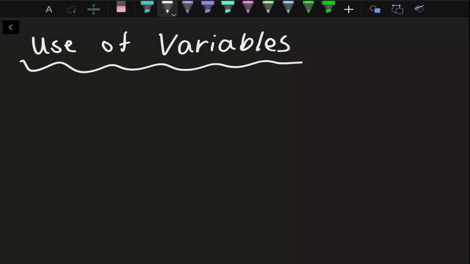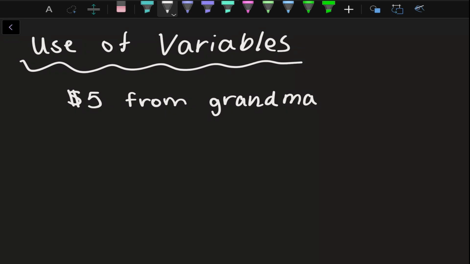And what I mean by that is, if I know that every time that I see grandma, I'm gonna get $5, $5 from grandma for every visit. And I know that I'm going to see grandma 4 times that month.